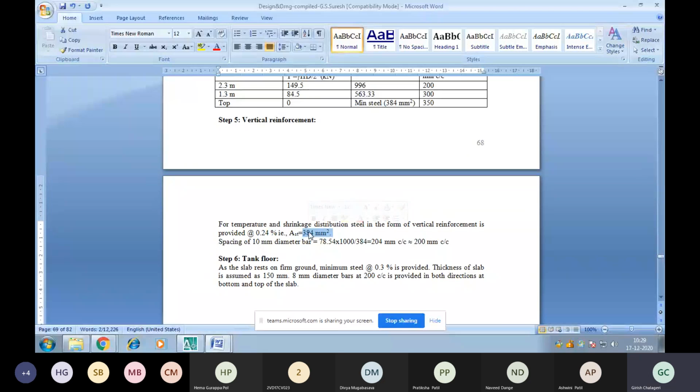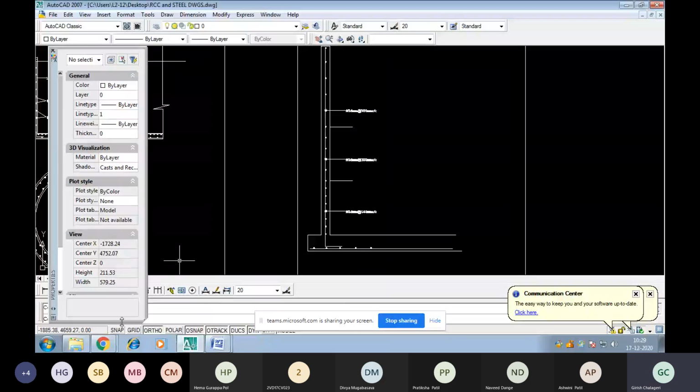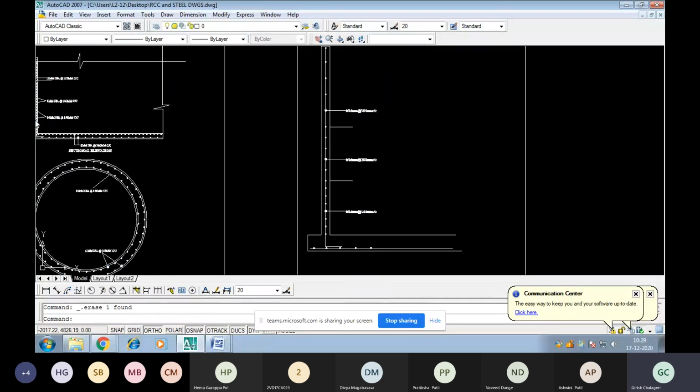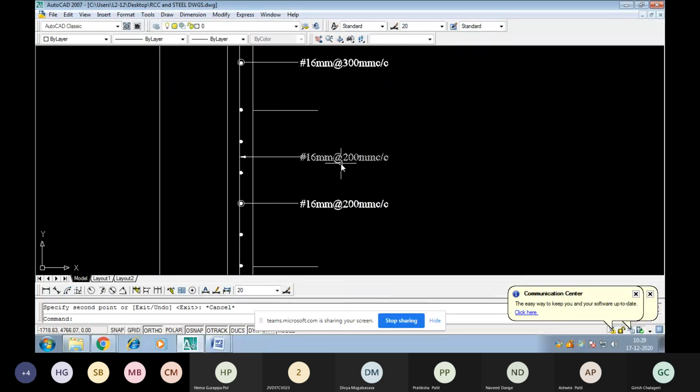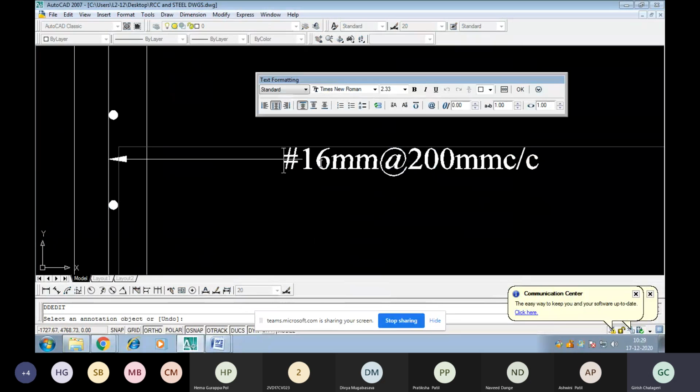So let us provide 10 mm dia bars at 200 mm center to center as vertical distribution bars, shown in the figure. I am taking the leader, and the reinforcement number I am showing like this. It will be shown in this fashion. So this is 10 mm at 200 mm center to center.